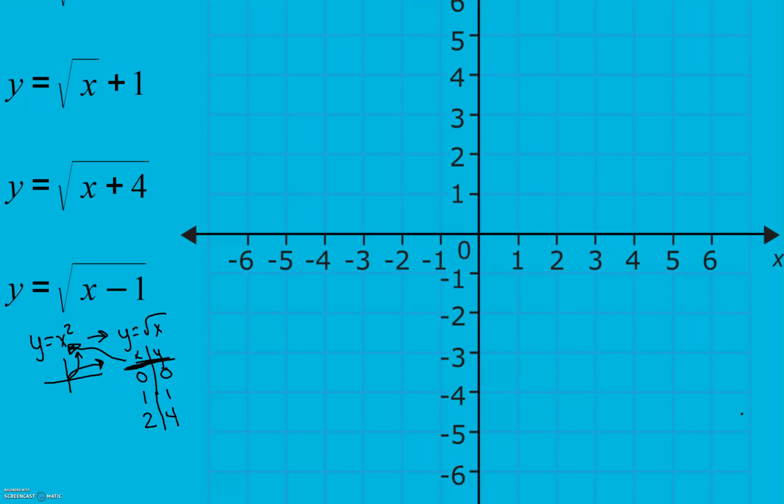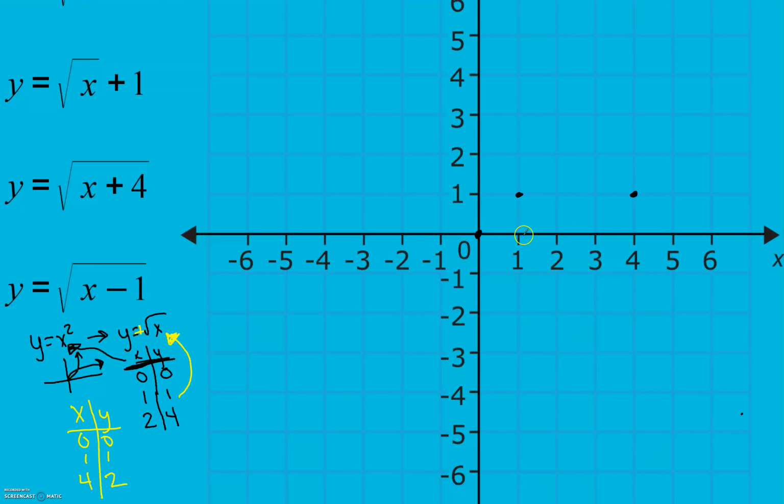So for our inverse here, our square root function, we swap them. We change our x's and our y's. So we still have 0, 0, 1, 1, but instead of having 2, 4, we have 4, 2. And we're only dealing with the positive square root, so it's going to be just the positive values there. So my parent function for the square root is 0, 0, 1, 1, 4, 2.